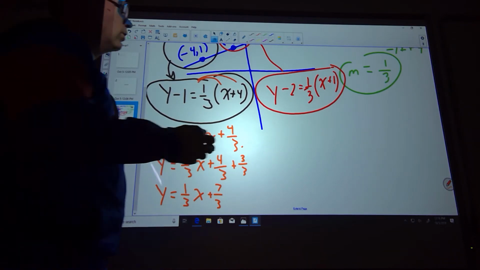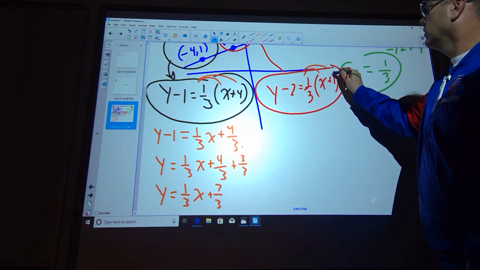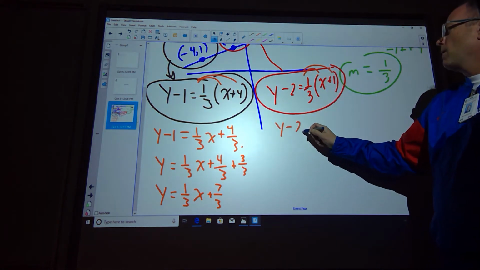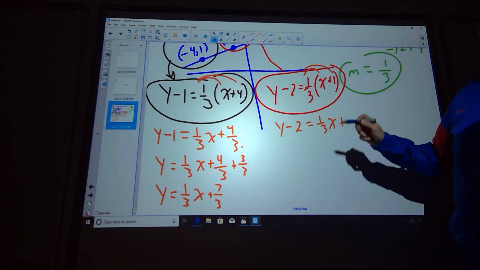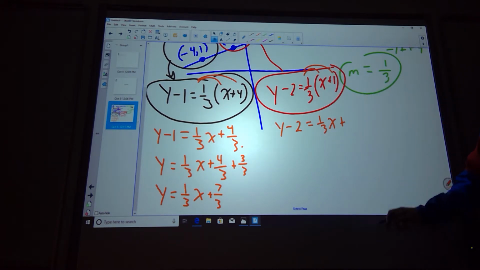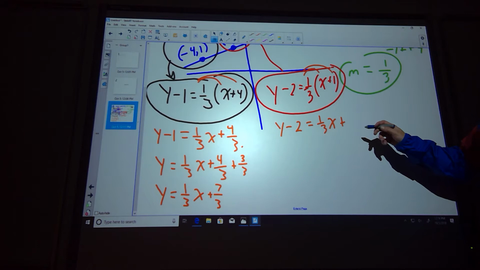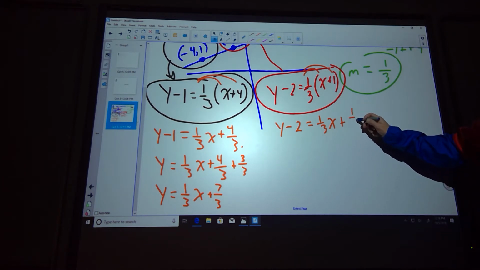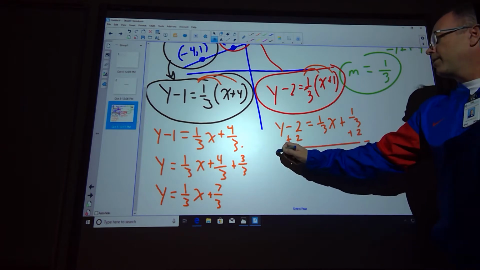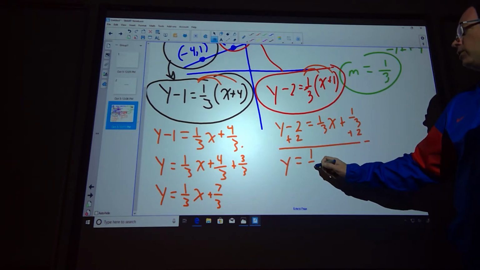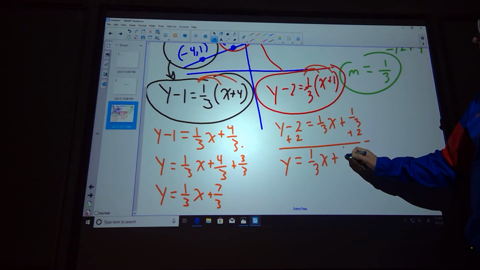So let's do the same thing to this problem. I'm going to distribute here and here. What's 1/3 times 1? 1/3, right? I'm going to add 2 to both sides. All right, let me modify 2 to get a common denominator.